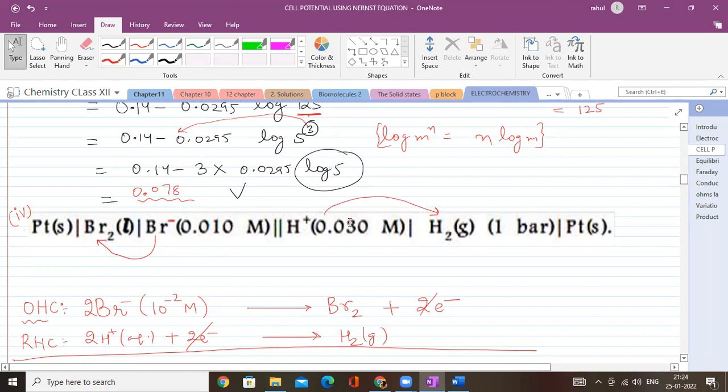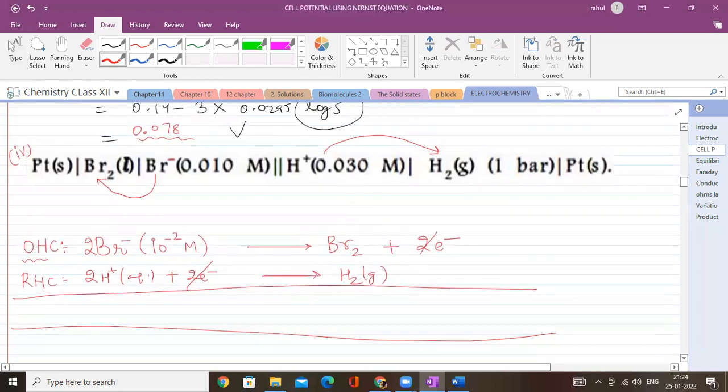So my oxidation half cell will be twice of bromide, which is 10 to the power minus 2 molar, giving bromine in liquid plus 2 electrons. This is at anode, oxidation reaction. And 2H positive plus 2 electrons will give hydrogen gas. This reaction is at cathode.